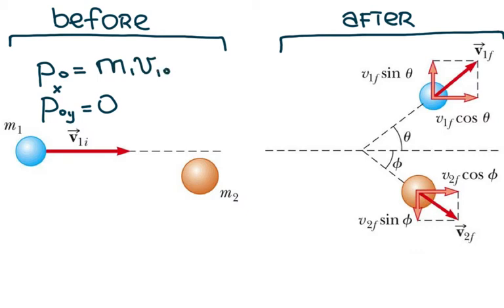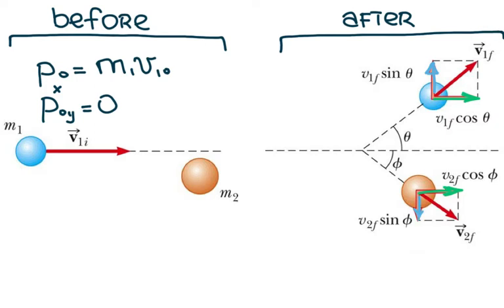Then afterwards, I still have horizontal. I'm going to make it in green for both masses after they collided. And I will have vertical. I'm going to make it in blue as well. So it will have vertical momentum and horizontal momentum. Vertical needs to be canceled.